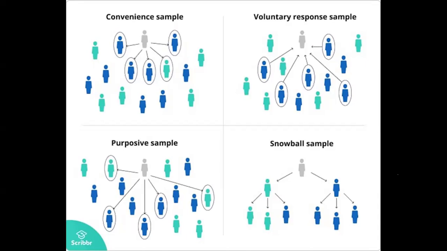Purposive sampling is a different one. In purposive sampling, you specifically identify those people who are most appropriate to the nature of your research.